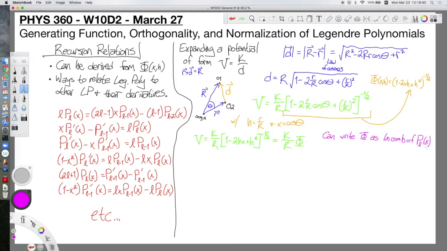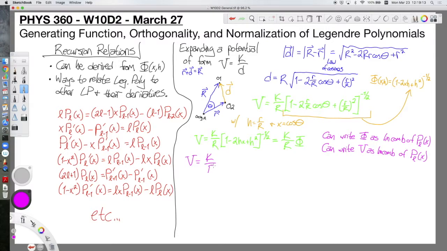And since our potential v is just some constant times the generating function, this means we can write v as a linear combination of the Legendre polynomials. I will be using lincom as an abbreviation for linear combination fairly frequently going forward.